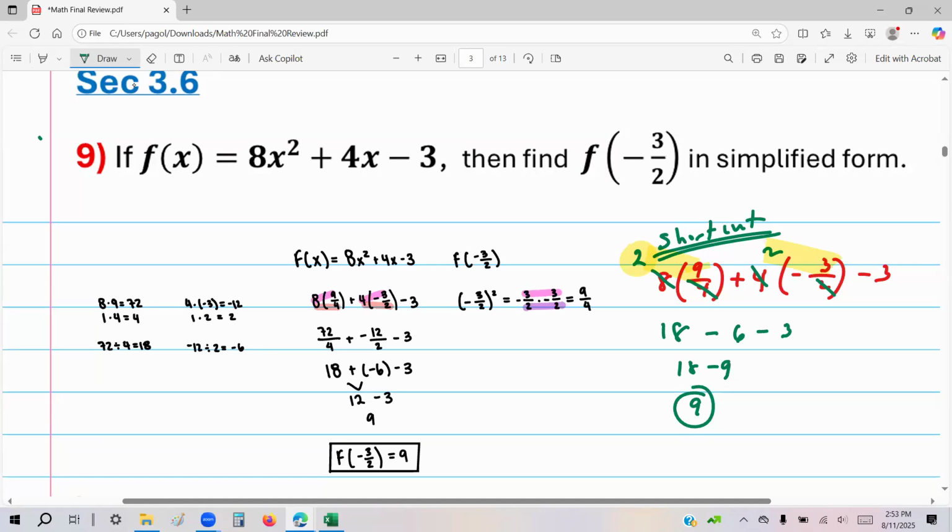Your main goal is to erase the denominator somehow. So to erase the denominator, you can just cancel it, the 8, because you can divide 8 by 4. And also you can divide 4 by 2. So if the numerator is divisible by the denominator, always divide first.